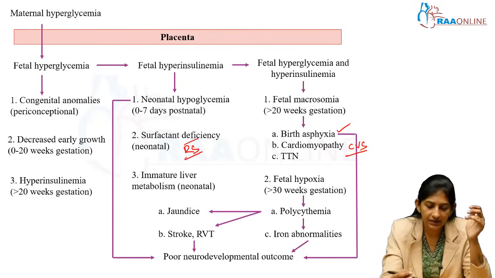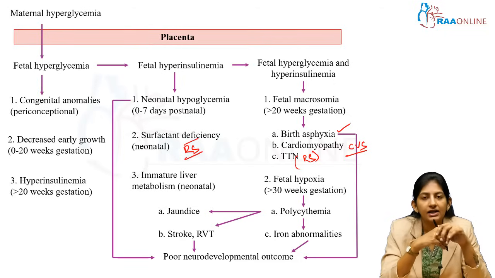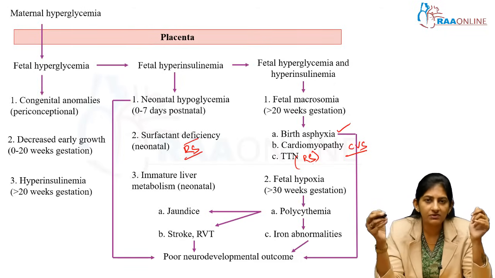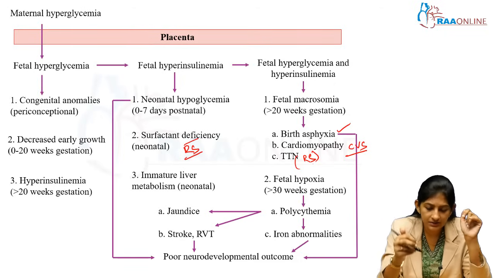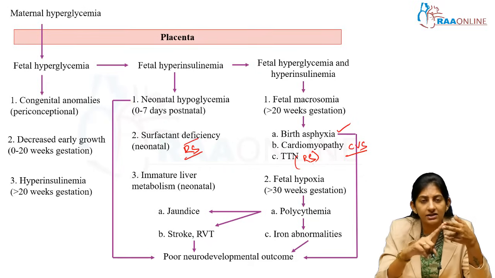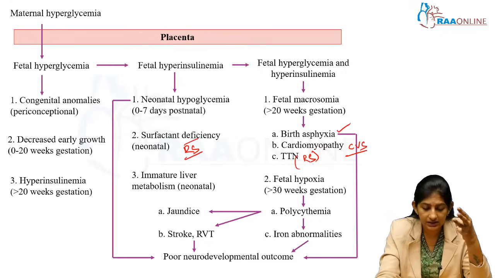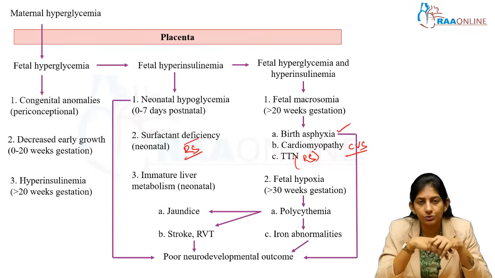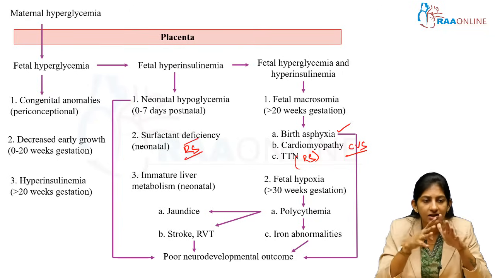And there can be TTN also. Liver metabolism is immature, so these babies will have prolonged jaundice, and metabolic complications like hypoglycemia, hypocalcemia, polycythemia will be present in these children, and of course hypoxia secondary to birth asphyxia. So all these can result.